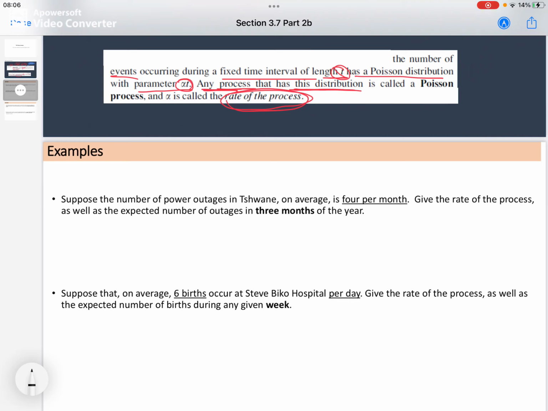Okay, so suppose the number of power outages in Tshwane on average is 4 per month.